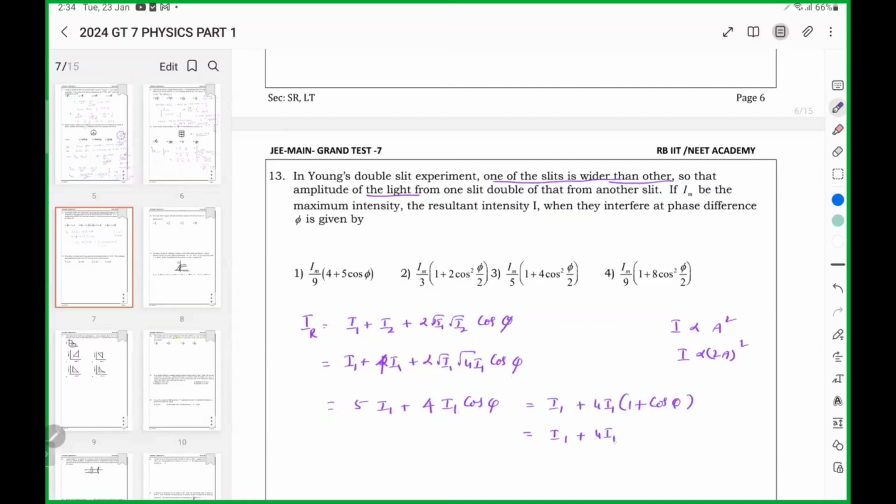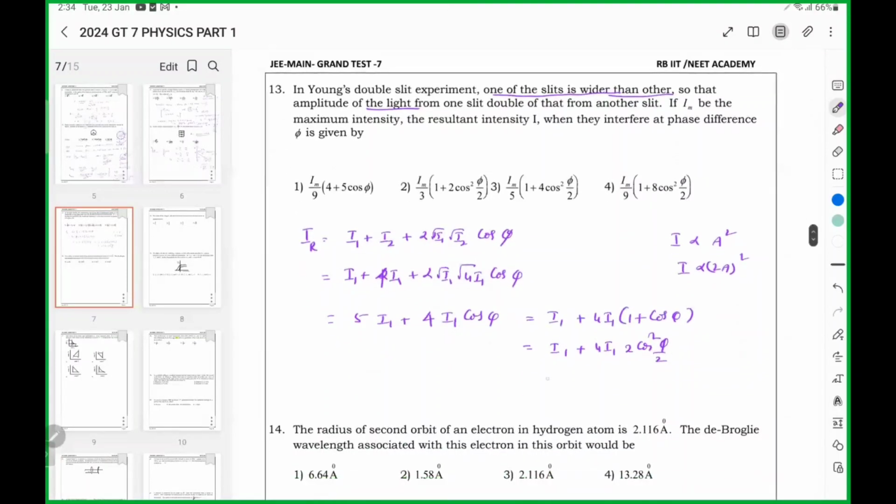So here, in fact, IM is the maximum intensity resulting when they interfere at a phase difference. Here the phase difference I have taken.